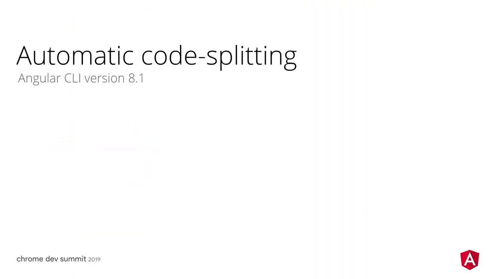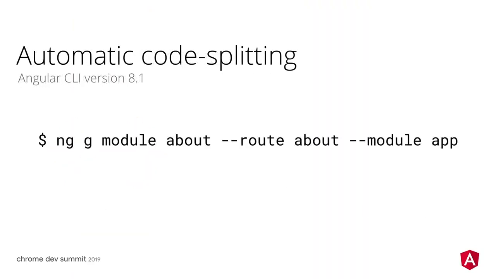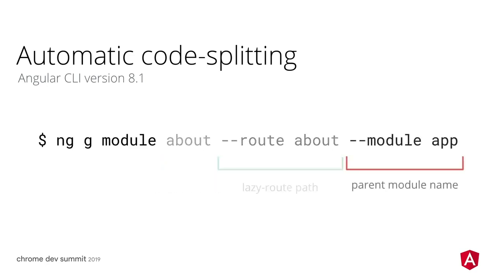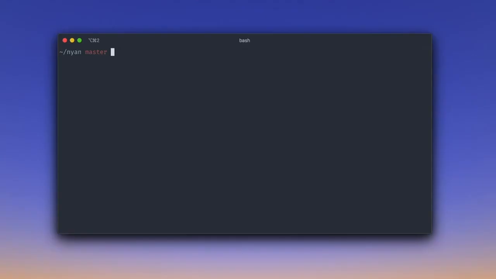This is a good opportunity to introduce code splitting. In Angular CLI 8.1, we added a lazy module generator. It accepts a module name, a route name, and a parent module name. Let us use it to move the About page into its own JavaScript chunk.